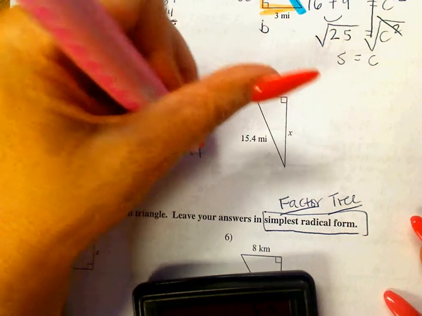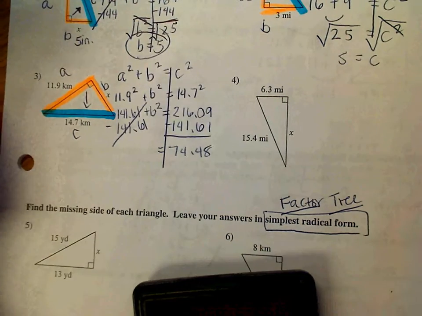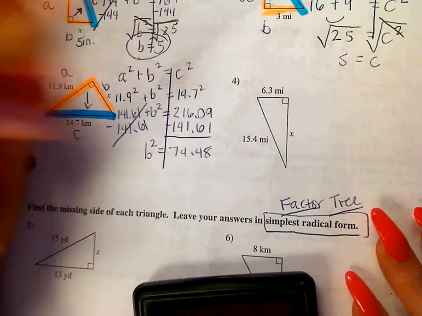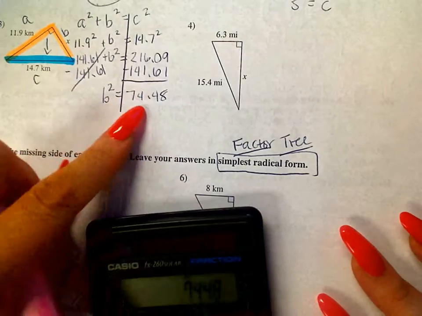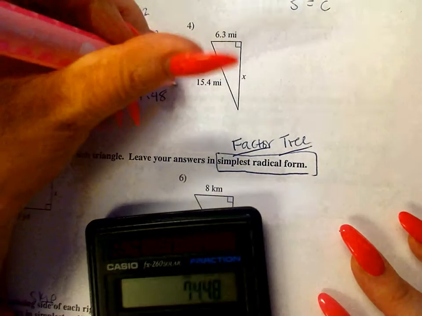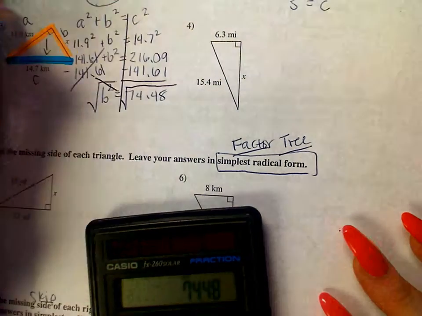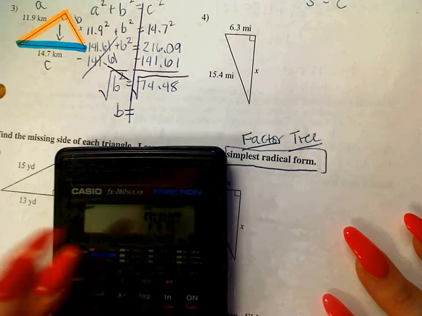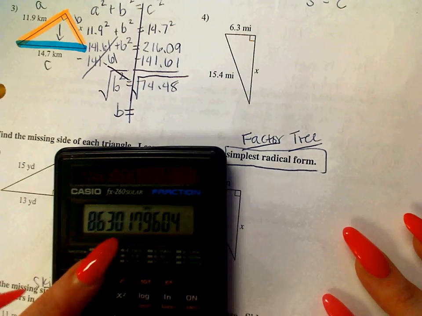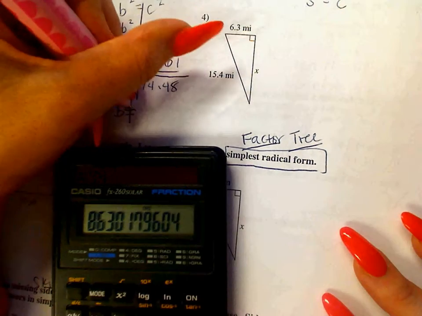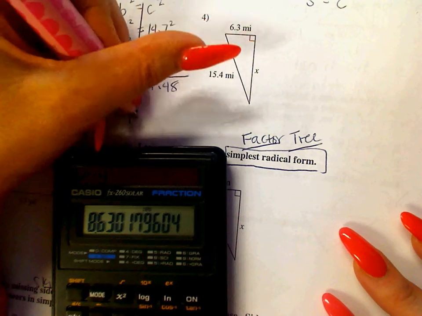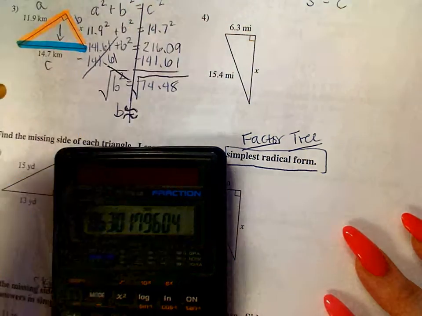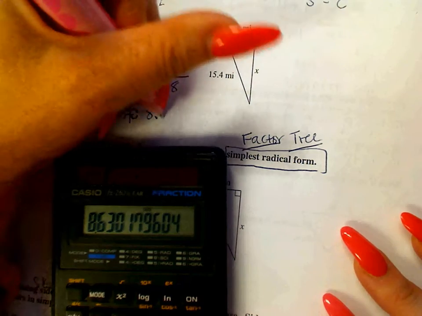So B squared equals 74.48, and then you take the square root to find the side length. And it's approximately 8.6 for B.